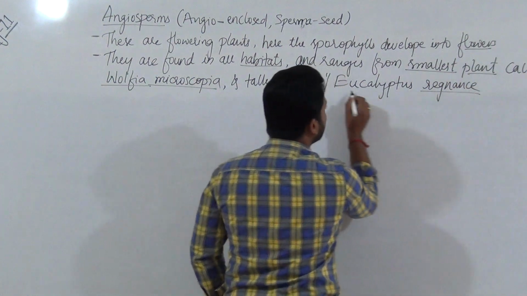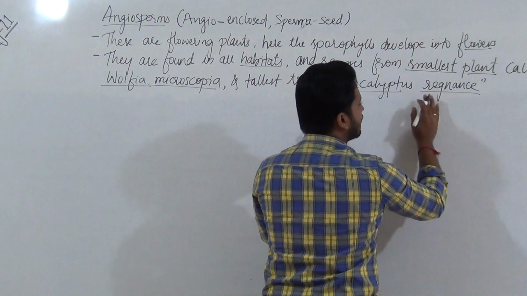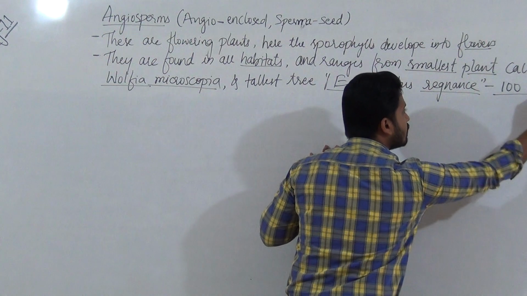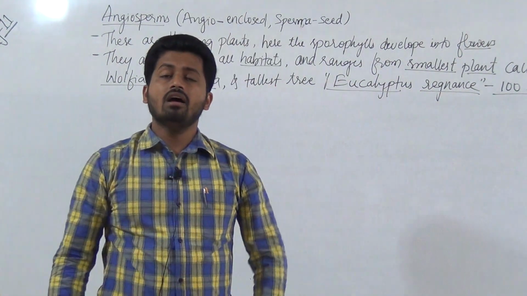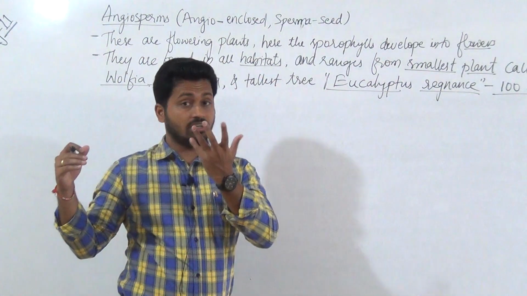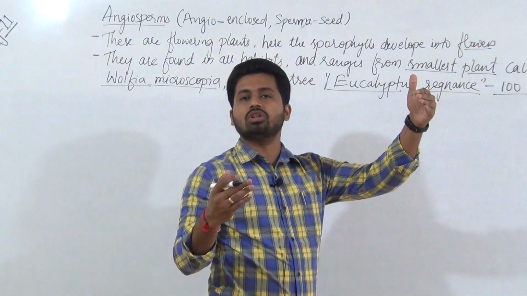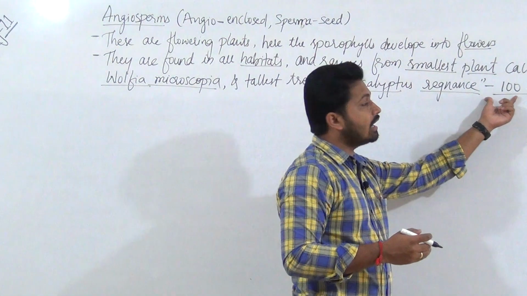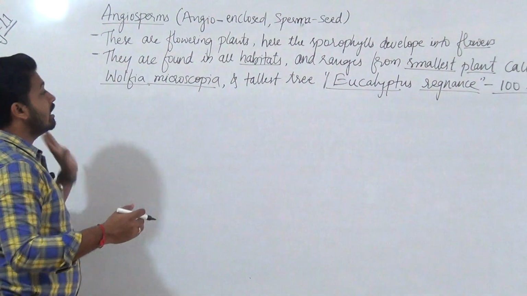The book gives only Eucalyptus and only Wolffia. Eucalyptus regnans is more than 100 meters. Yesterday in gymnosperms the giant redwood tree came, Sequoia, which belongs to gymnosperm, also more than 100 meters in height. Eucalyptus, the Nilgiri plant, we normally see in forests at 50-60 feet, but they are found up to 100 meters also, more than 100. That is the tallest plant belonging to angiosperm.